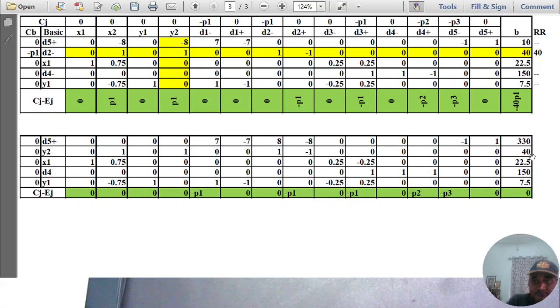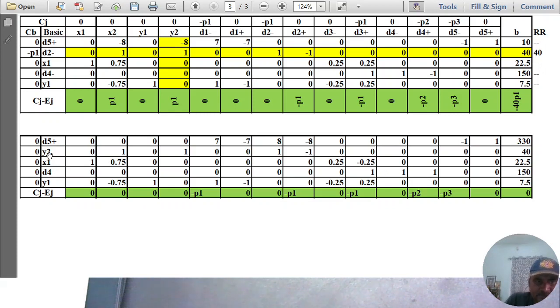All right, the demand goal is satisfied. Now what is this D4 minus? See, the overtime I want to minimize, right? Now, what is the overtime?